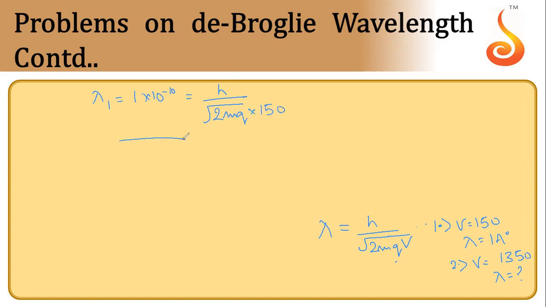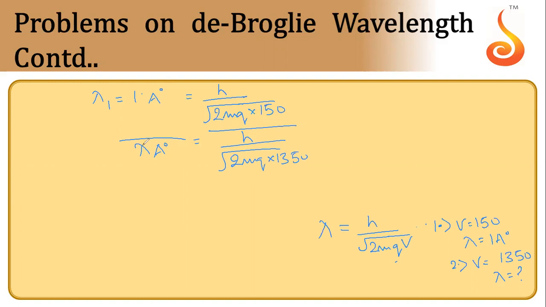In the second case, we need to find the wavelength, so let's keep it in angstrom only. Once again, it is 1 angstrom. Let's say wavelength for the second case is lambda angstrom. So h by root 2mq and potential difference is 1350.